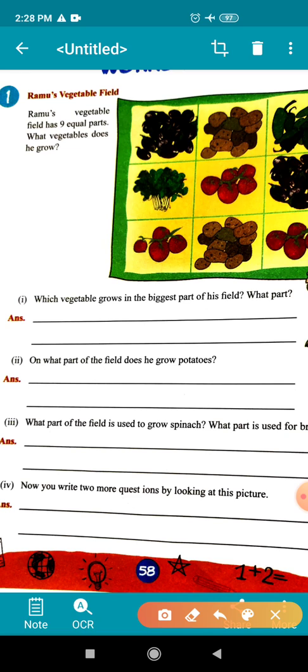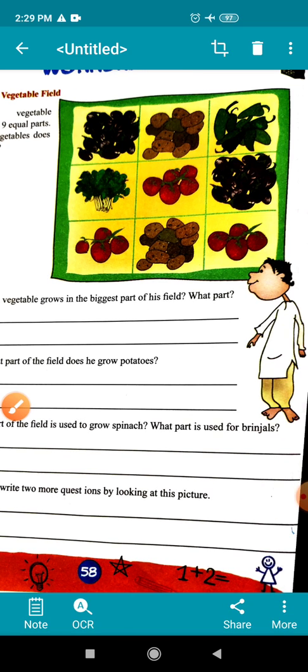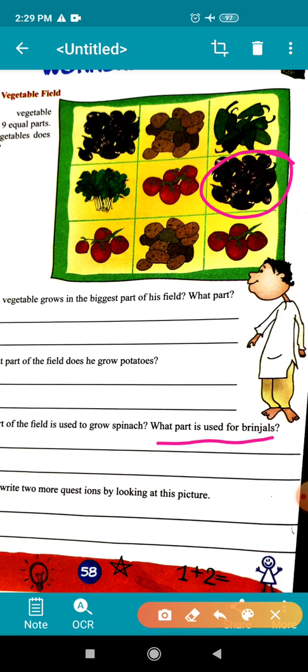As you see in this picture, only 1 part is used to grow spinach. So the fraction will be 1 upon 9. And for the second part of this question, what part is used for brinjal? You can see out of 9 parts, 2 parts are used to grow brinjal. So the fraction will be 2 by 9.